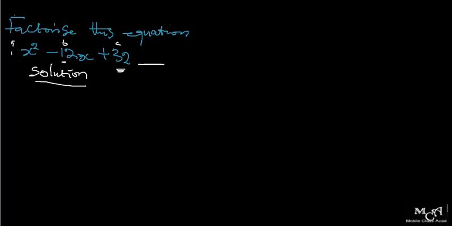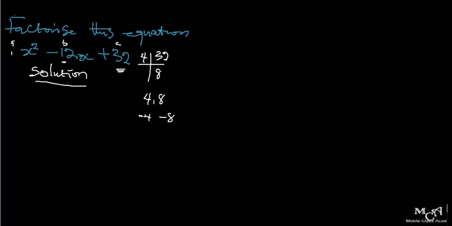Now, let's divide our c. We have 32. What and what can divide 32? Let's try 4. Can 4 go here? Yes, 4 can go in 32 and it's going to give us 8, right? So 4 times 8 will give us what? 32. Now we have 4, we have 8. What are we going to do to 4 and 8 to give us minus 12? That means we need to make them minus 4 and minus 8.